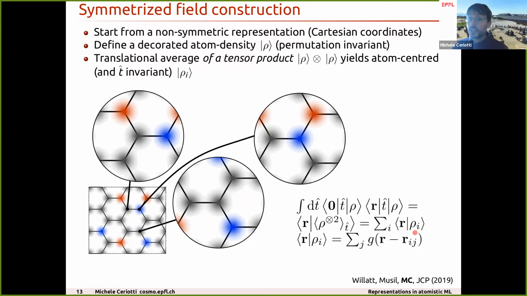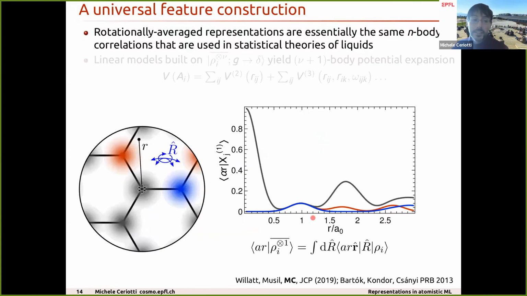Now, even though we made the representation invariant to translations, it is still not invariant to rotations. So what we can do next is to obtain a rotationally invariant description by integrating over rotations these atom-centered pair densities. And if you do that, you can imagine, I have this density centered on an atom, I integrate over all possible rotations.